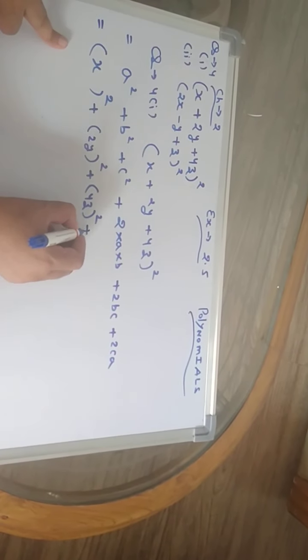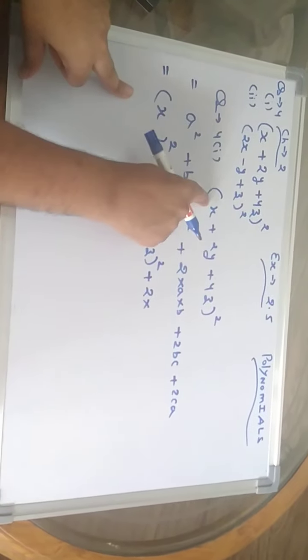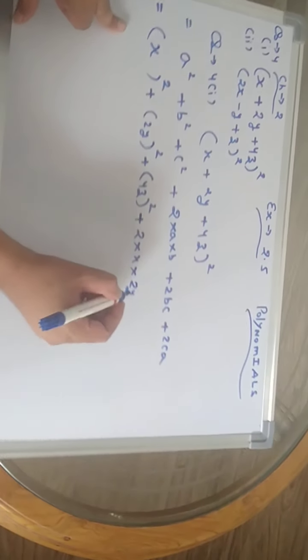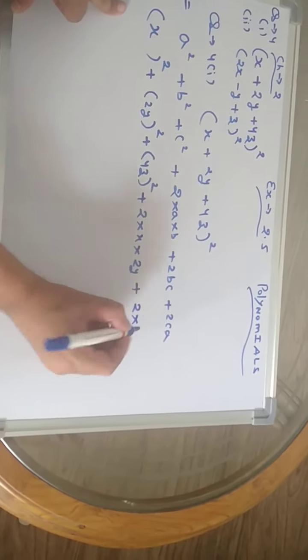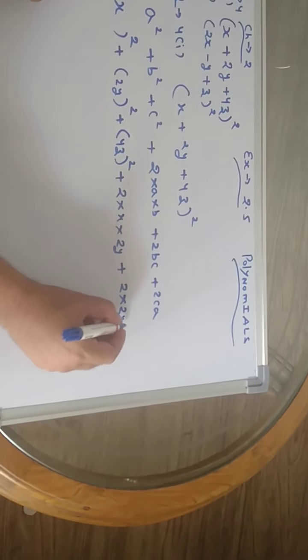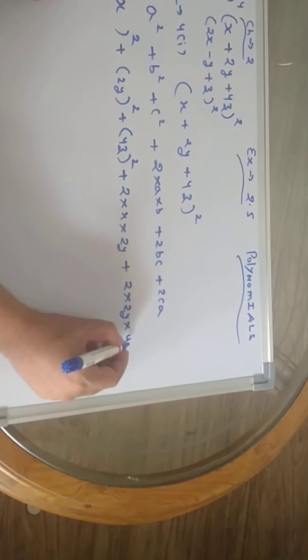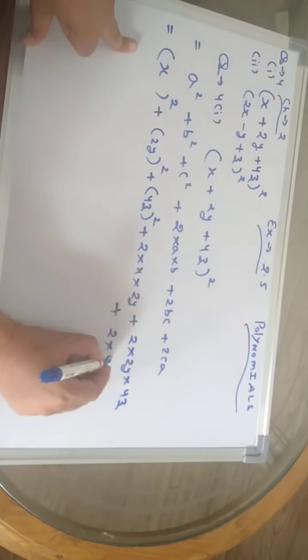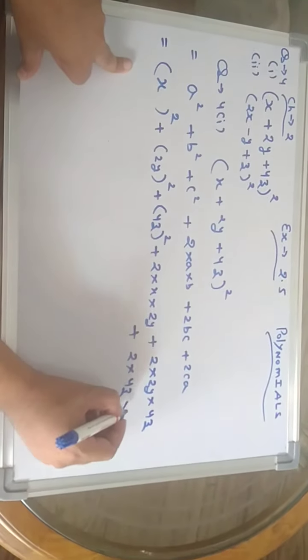Now 2ab: 2, a means x, b means 2y. 2bc: 2, b is 2y, c is 4z. Plus 2ca: c is 4z and a is x.